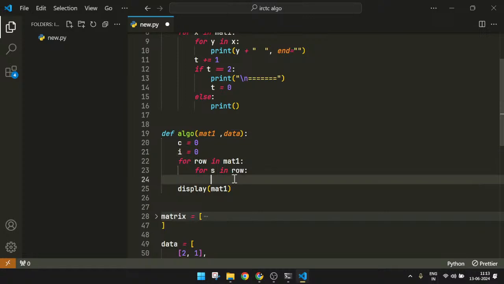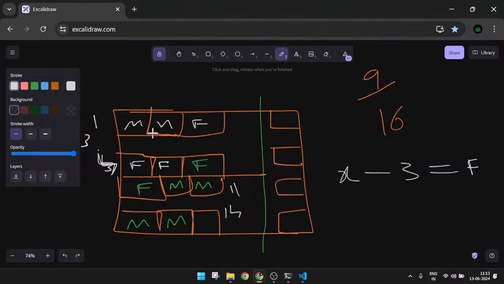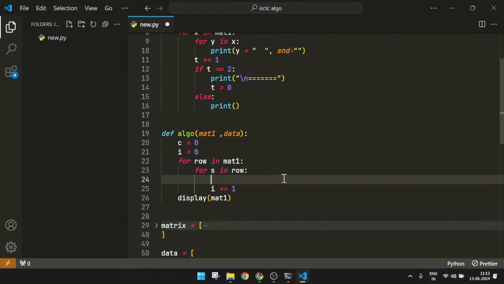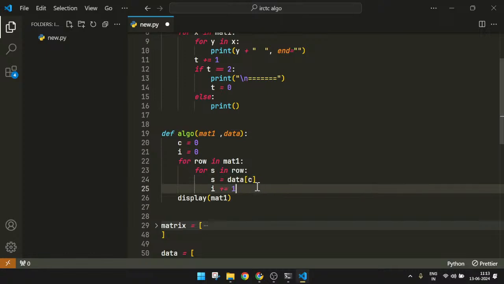I need to keep the count, isn't it? I'll do this, and what else I can do is just go here and start filling it. s is equal to data of choice. Okay, and I'll add one.